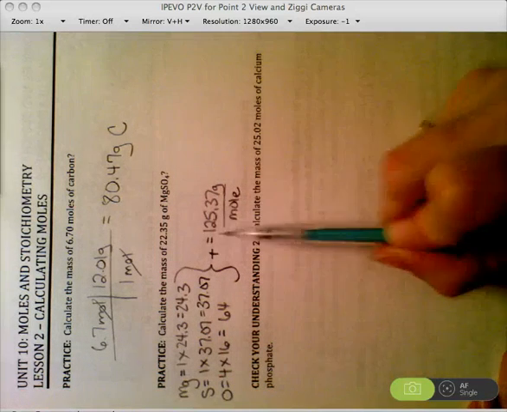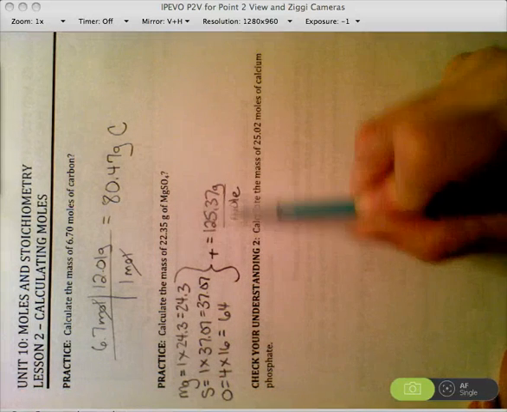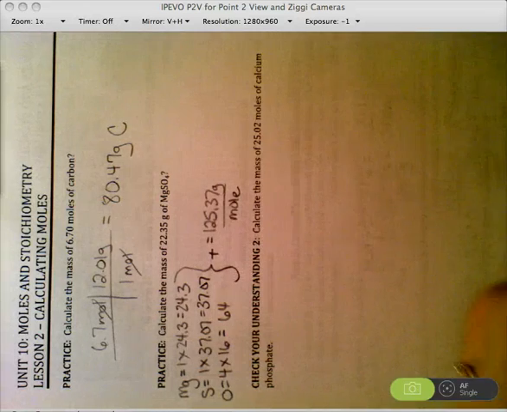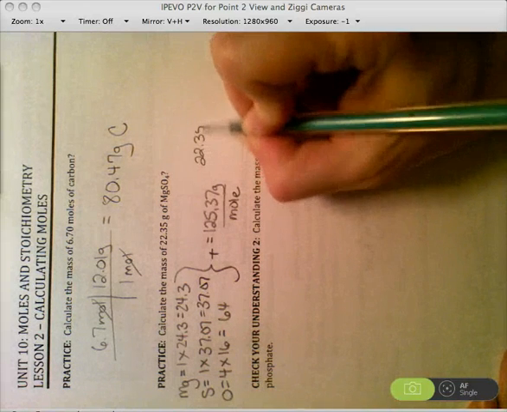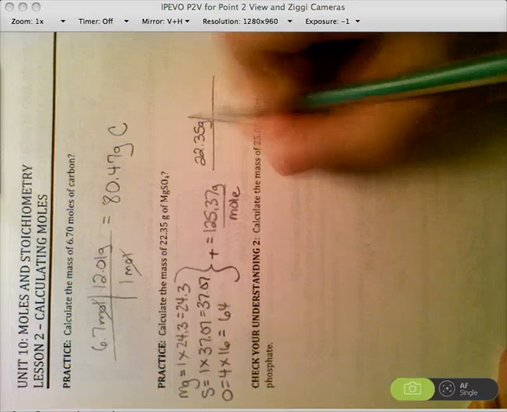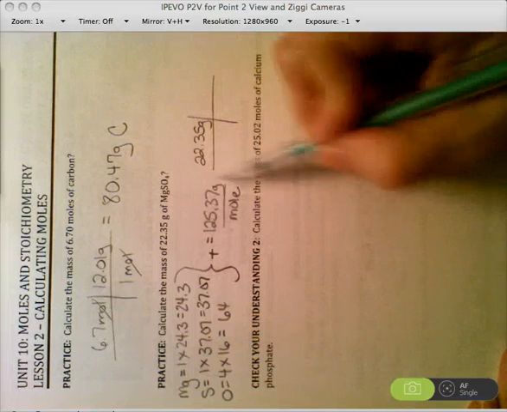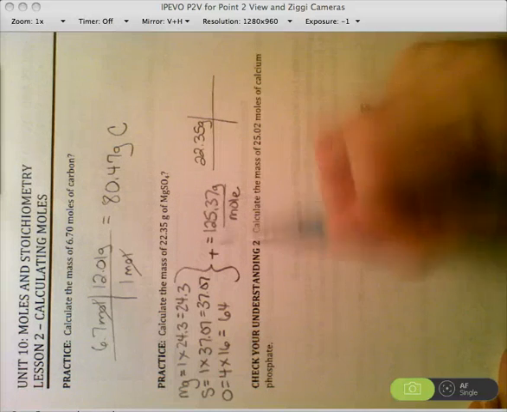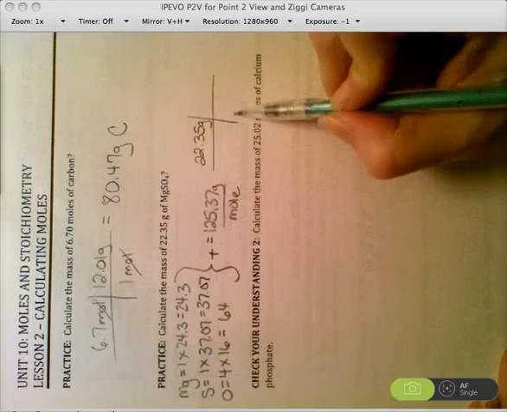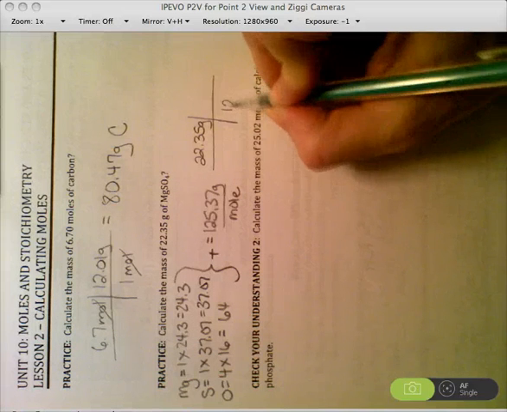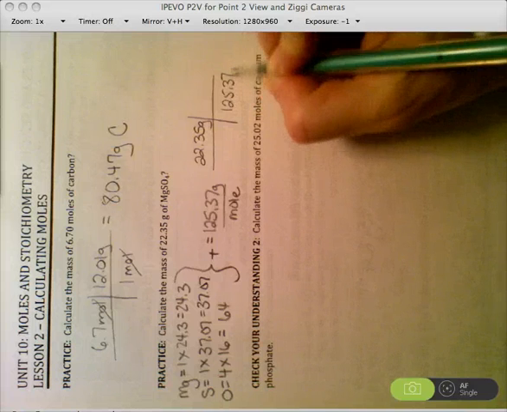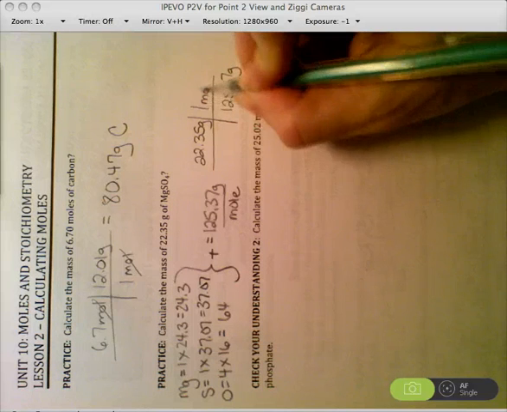So here I already calculated the average atomic mass, or the molar mass, of magnesium sulfate. If I start out with 22.35 grams of magnesium sulfate, how am I going to use this conversion factor? Well, I know that I need to put grams in the denominator, so it's 125.37 grams for every 1 mole.